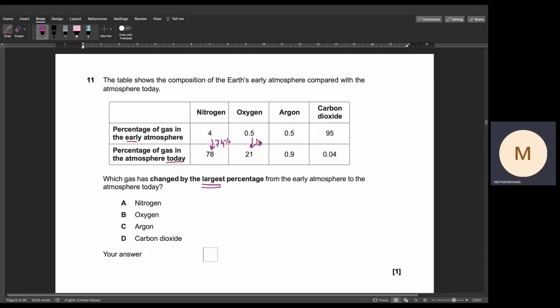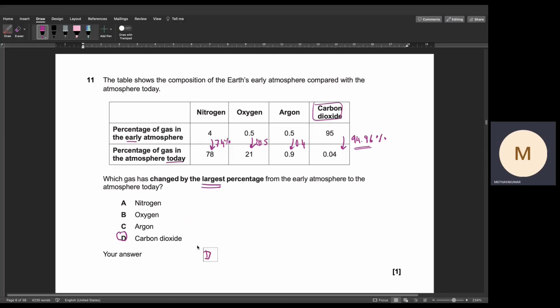We've got 20.5% difference. We've got 0.4% difference. And we've got 94.96% difference. So that is the largest change, and that's for carbon dioxide. Therefore, D is our answer.